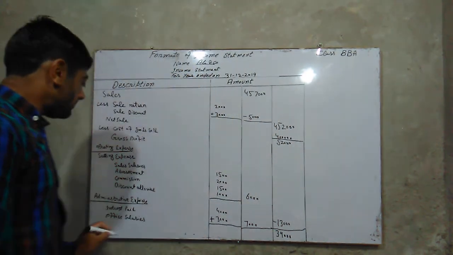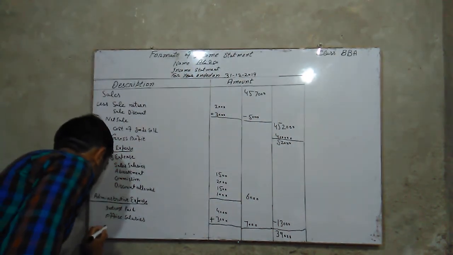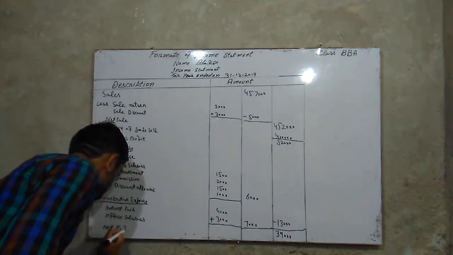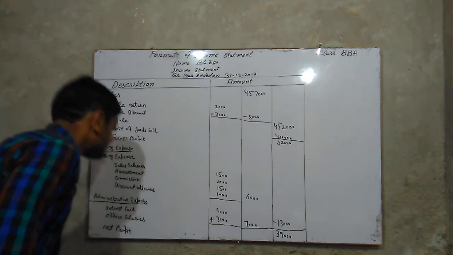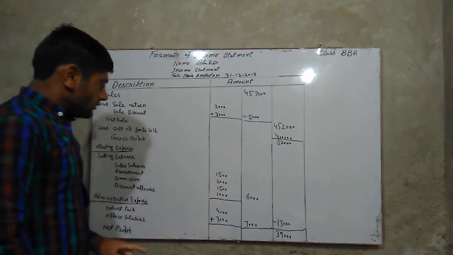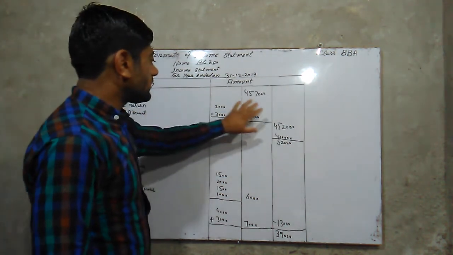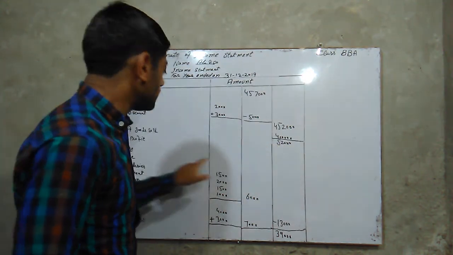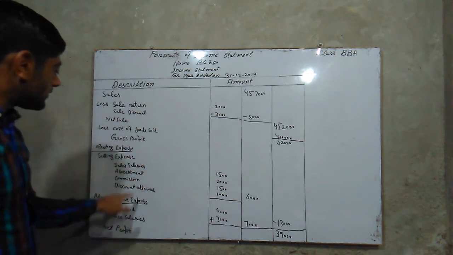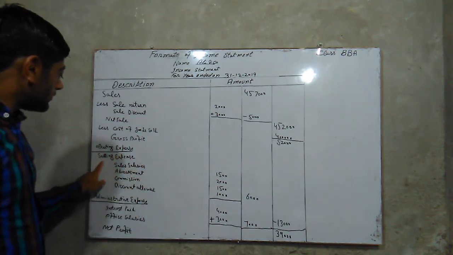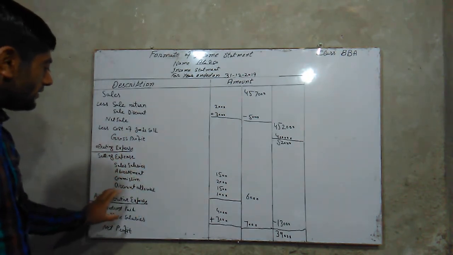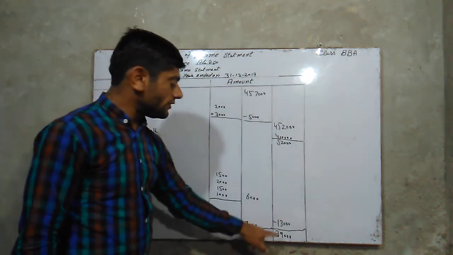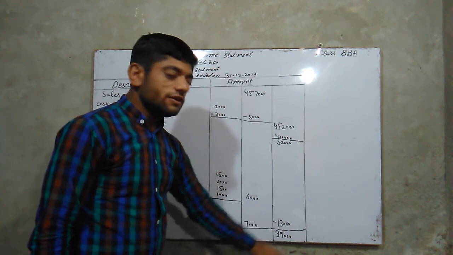That is our net profit. Because first our sales is greater than cost of goods sold, which is our gross profit. Next, our operating expense includes selling and administrative expense. That amount is less than the gross profit. So our net profit is 39,000.